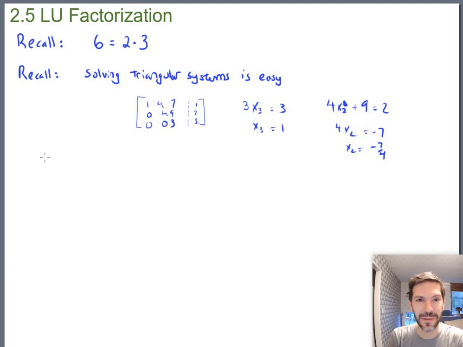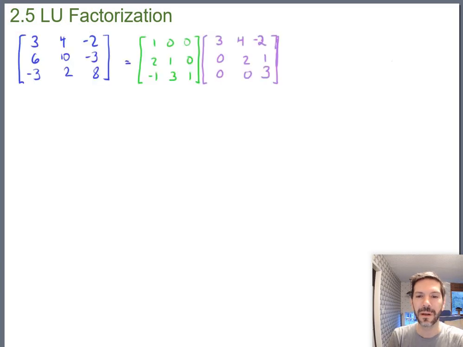Okay, so the reason I mentioned that is that LU factorization is a factoring into triangular matrices. So let's take a look at an actual example. And I want to give you, first of all, one that is factored already. So here is some sort of full, non-triangular matrix A, and it's been factored into, they call this one L because it's lower diagonal, right?